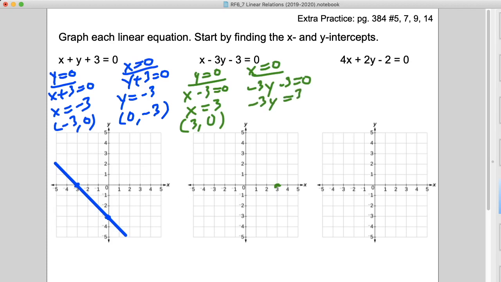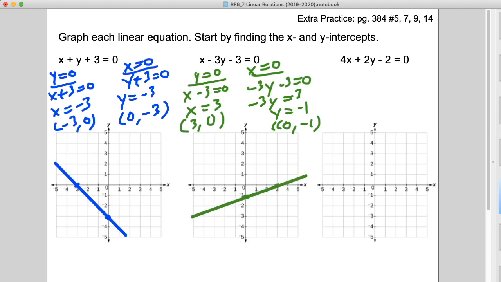And then divide both sides by negative 3. So I'll get y is equal to negative 1, which means I'll have an ordered pair of 0, negative 1. So I'm going to go ahead and plot my y-intercept there. And then I can draw a line through those 2 points.